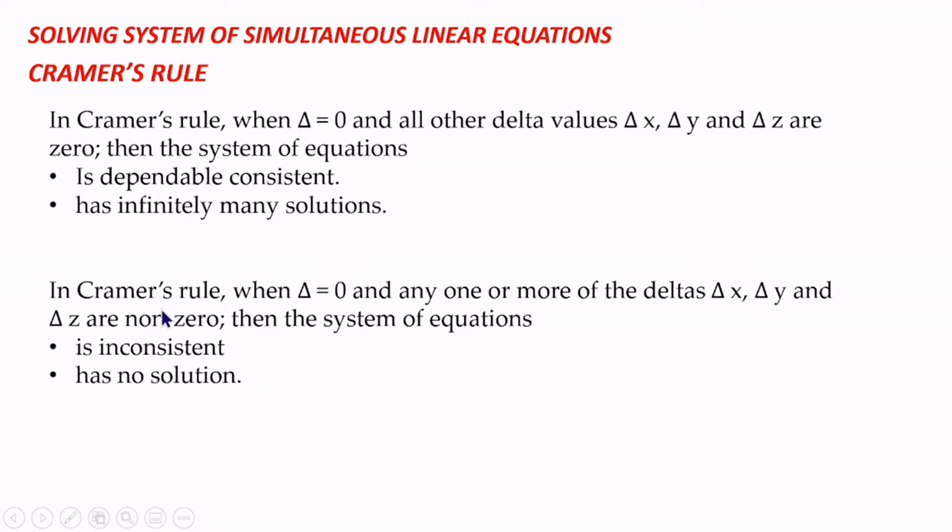When delta is equal to 0 and any one or more of delta x, delta y or delta z are non-zero, the system of equations is inconsistent and has no solution. So these are a few properties to keep in mind while using Cramer's rule.